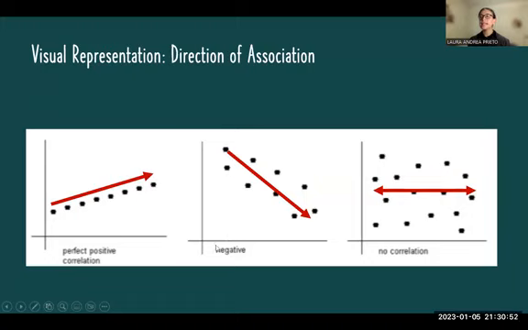So this tells us that as variable X increases, our variable Y decreases. And then it can also tell us perfect positive correlations or positive correlations in general. And another word for positive correlations is direct correlations. And in this example, we can see as X increases, Y also increases.